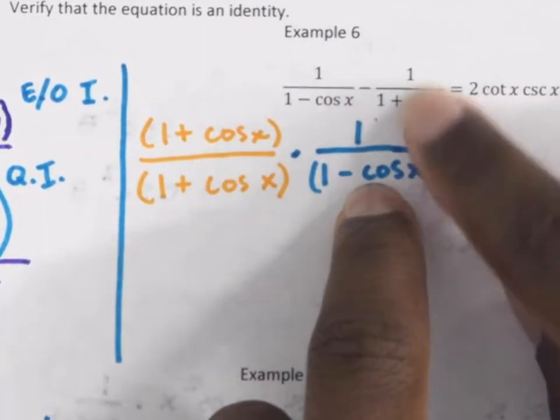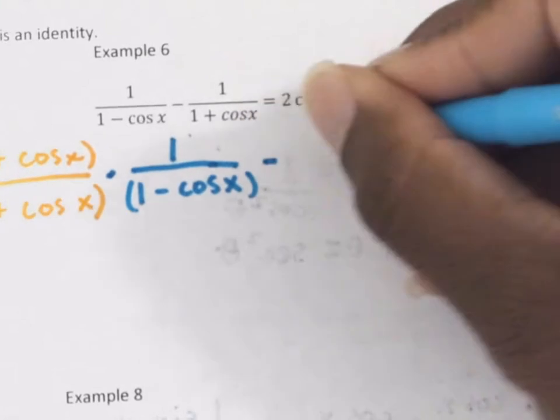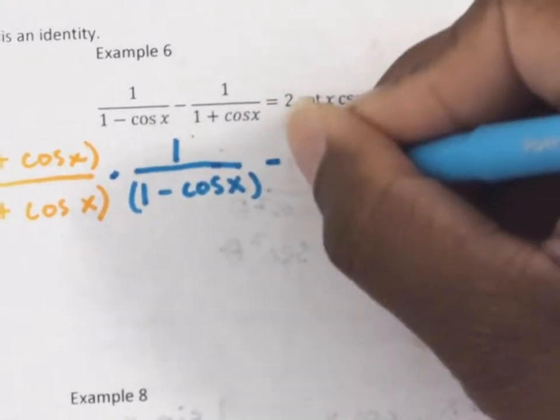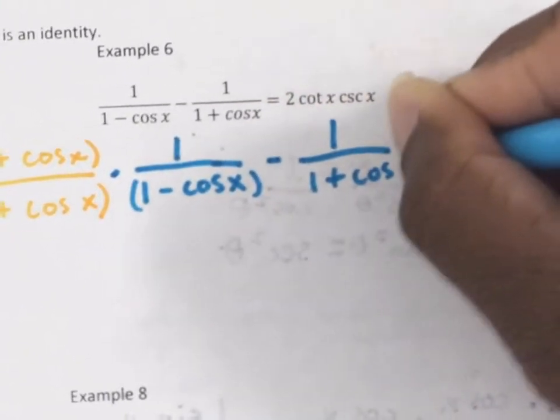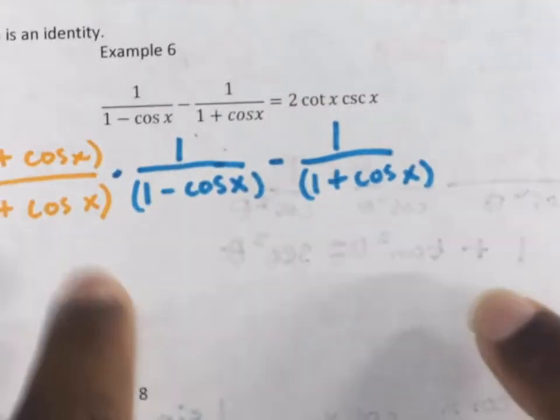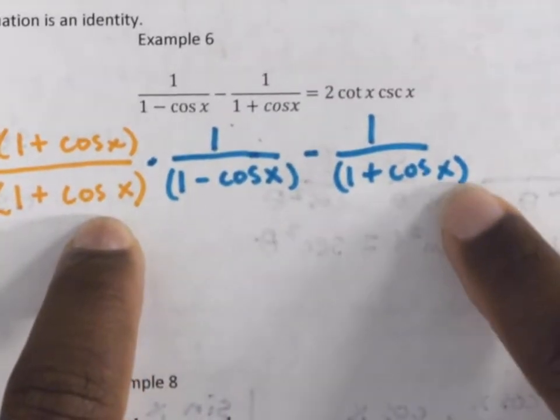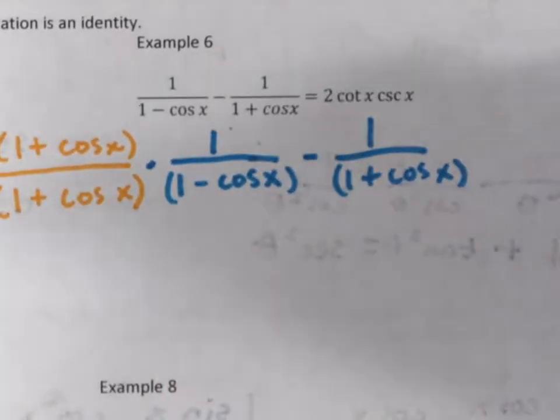So I'm going to rewrite this side. Minus 1 over 1 plus cosine x. The blue is just what I started with. And now I'm going to multiply by what this denominator needs.